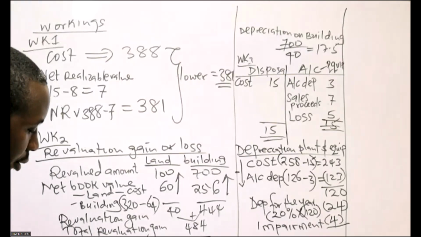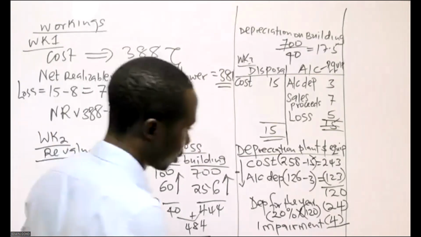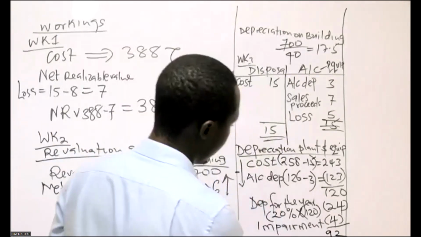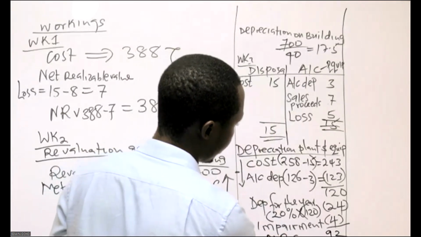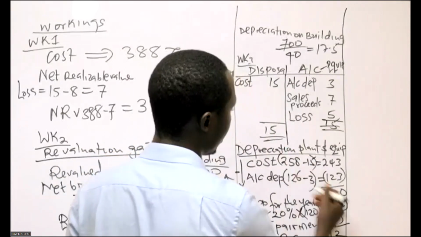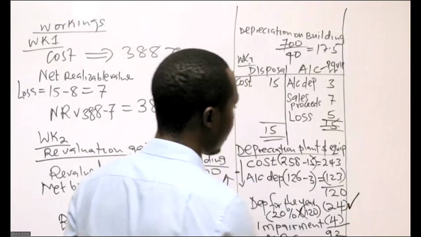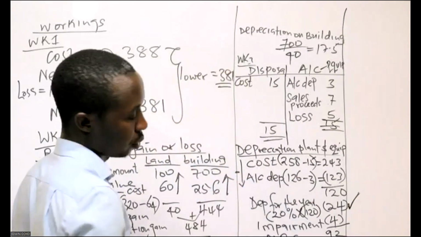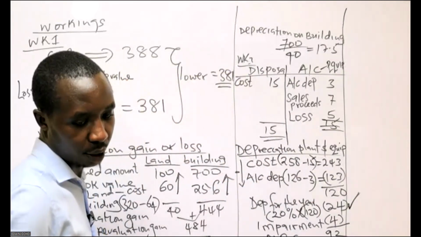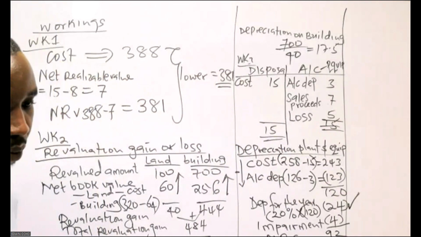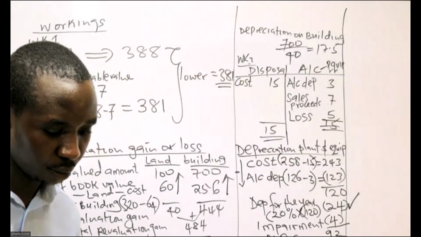So 120 minus 24 minus 4, that is 92. This is net book value. So already for depreciation I was looking for this, but I went ahead to compute even the net book value.